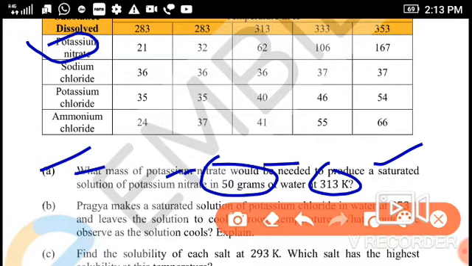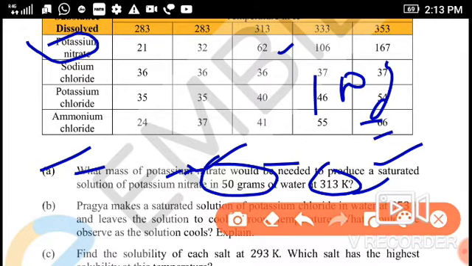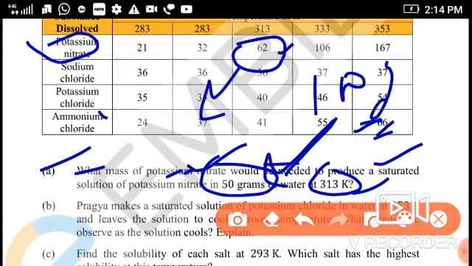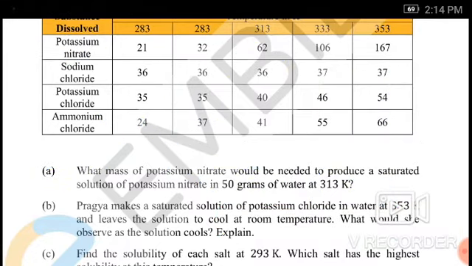Means at 313 Kelvin, 62 grams of potassium nitrate dissolves in 100 grams of water, but we have to find it for 50 grams. Means if solvent is 100 grams, then 62 grams potassium nitrate dissolves, but if solvent is 50 grams, means half, then it will be half. The answer is 31 grams. This is the first answer.